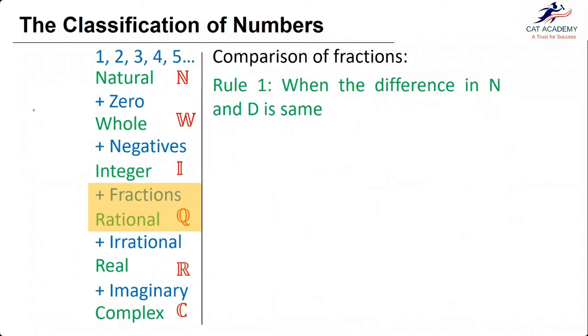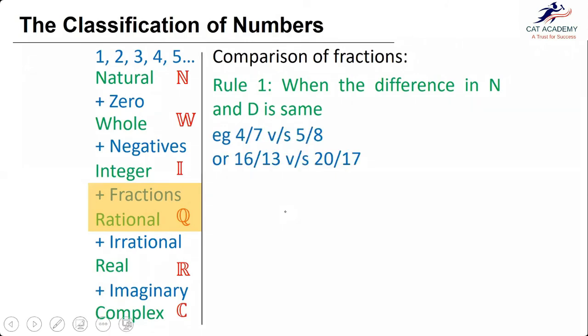Number one, you have to check whether my difference in the numerator and denominator is same. Examples. So let's say 4 by 7 and 5 by 8. My difference between numerator and denominator is same. Yes, number one. Number two, the second question that you should ask is whether the fractions are proper or improper. How about these fractions? Are they proper or improper? They are proper.